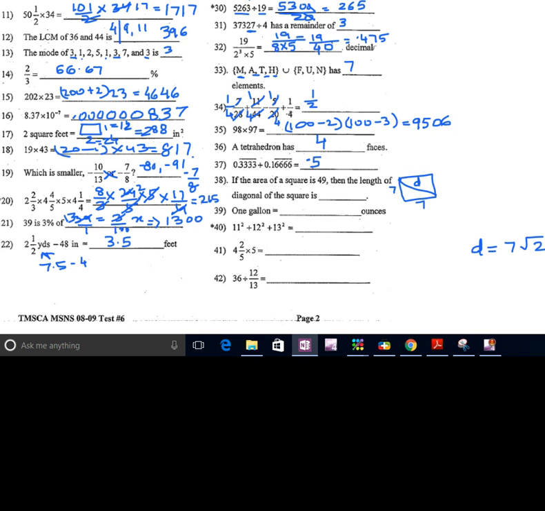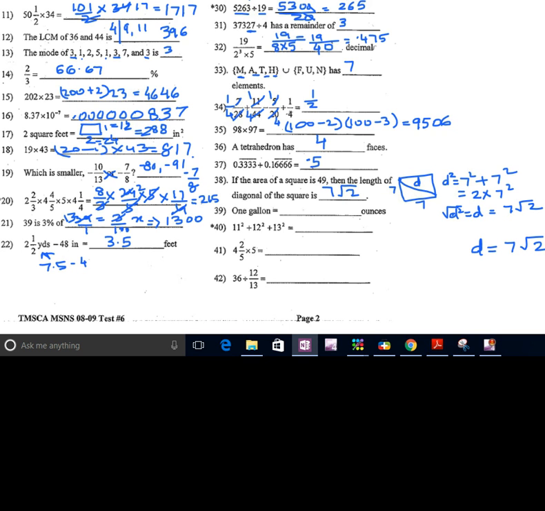So we use the Pythagorean theorem to determine that D square is equal to 7 square plus 7 square. So this is 2 times 7 square. And if you take the square root on both sides, square root of D square, which is nothing but D, that will be 7 square root 2. So that would be the answer over here.